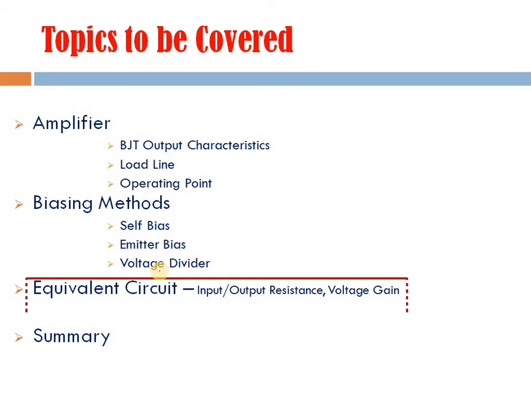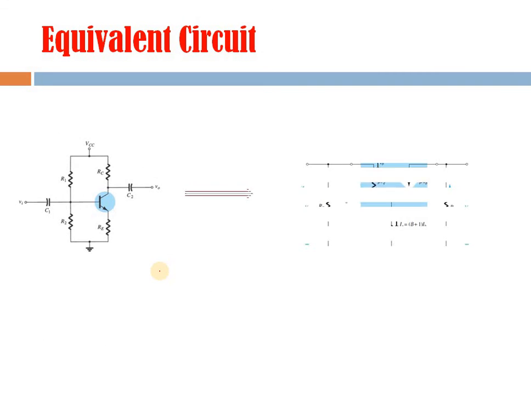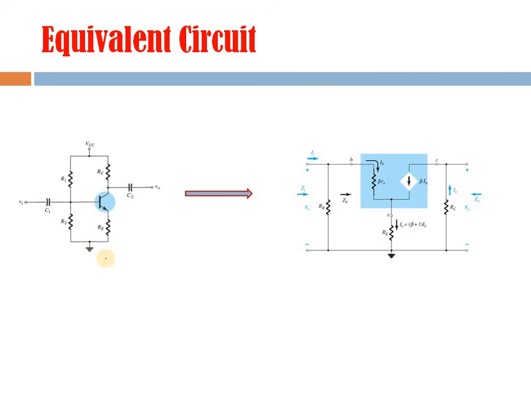Now the next point is the equivalent circuit, and it's a very important part because the performance parameters are calculated with the help of the equivalent circuit. The equivalent circuit is something like this. I have not connected any bypass capacitor here. So in this case the emitter terminal is connected to the top end of this RE. This is the equivalent circuit of the BJT transistor, right?